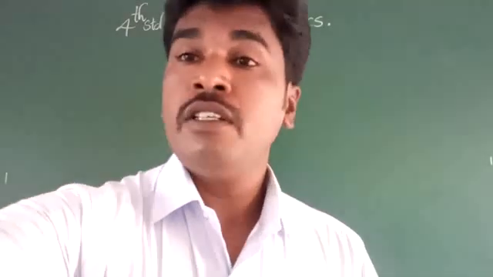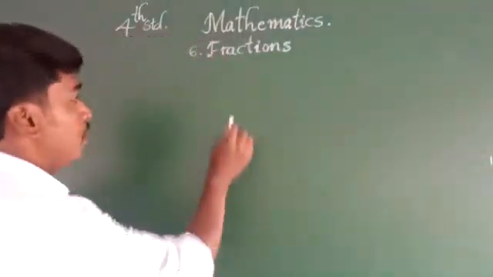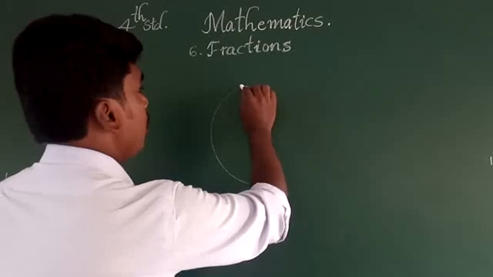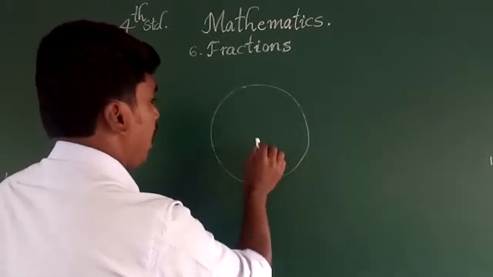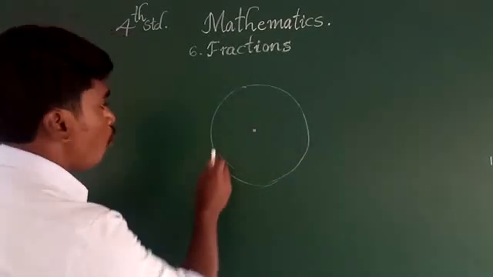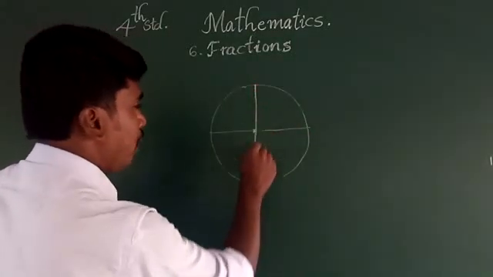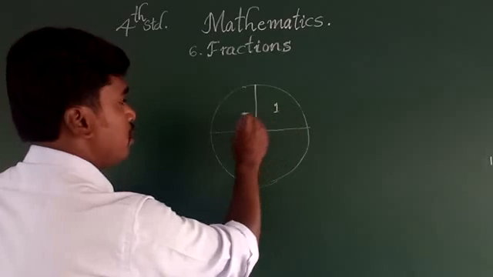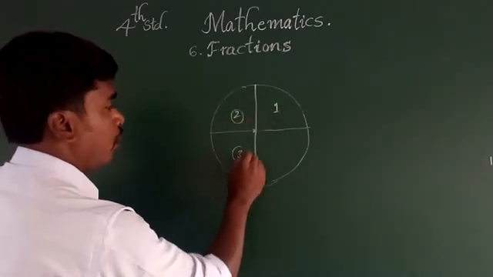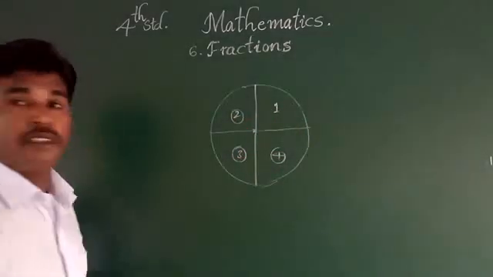How to write? Suppose a circle has been made into 4 equal parts. One part, this is the second part, third part and fourth part.